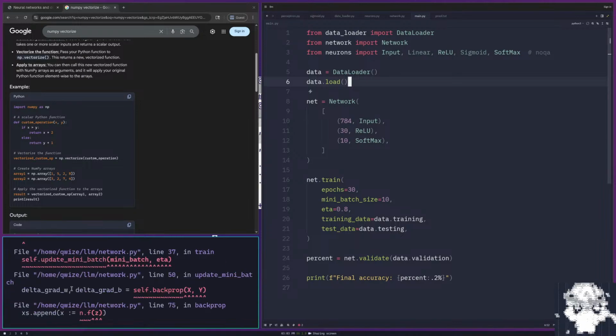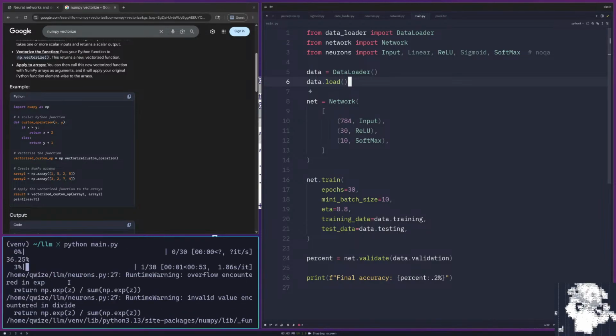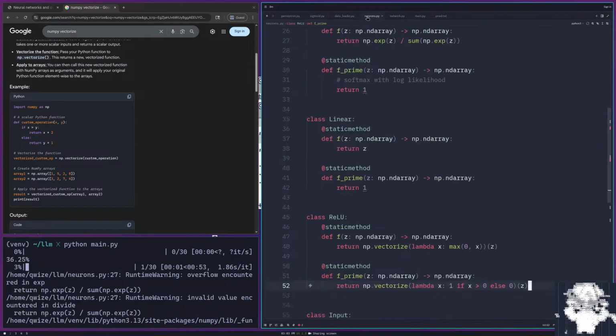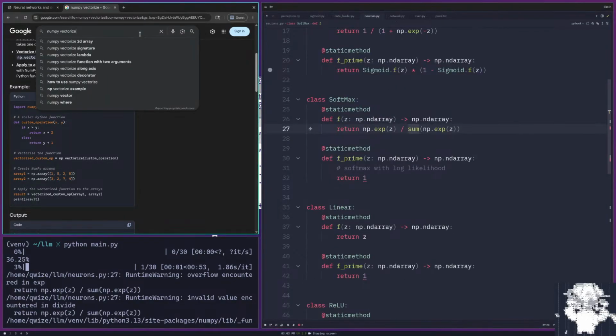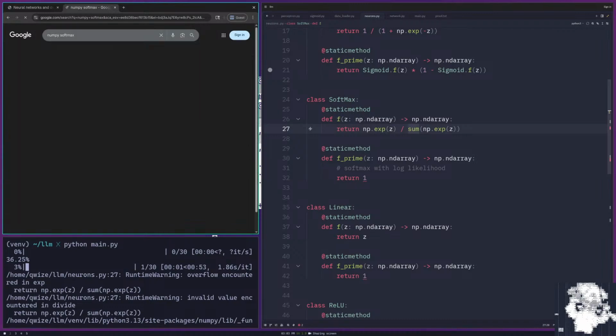It was working for a second, and then it invalid value encountered in divide. Interesting. Is there a safer way to do softmax? NumPy softmax.